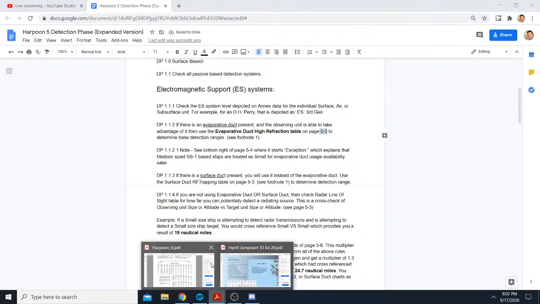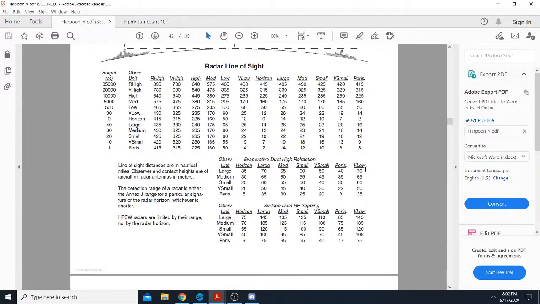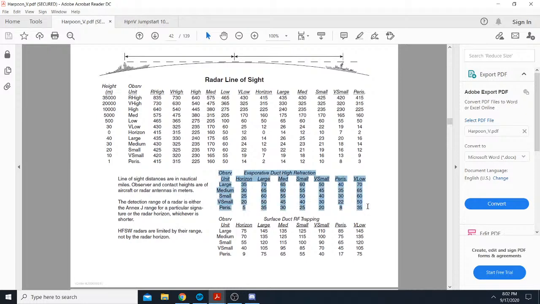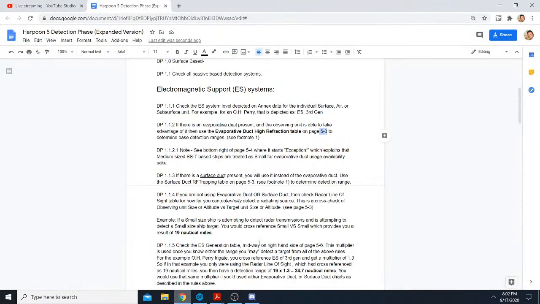I'm trying not to show the rules too directly, but I have to kind of show it. If an evaporative duct is present and you're trying to do an ES detection, a passive detection of an enemy ship, a Russian guided missile carrier, cruiser, whatever, pocket frigate, if they've turned on their radar, you would use this chart. We'll get into the details in a second. So that's step two.